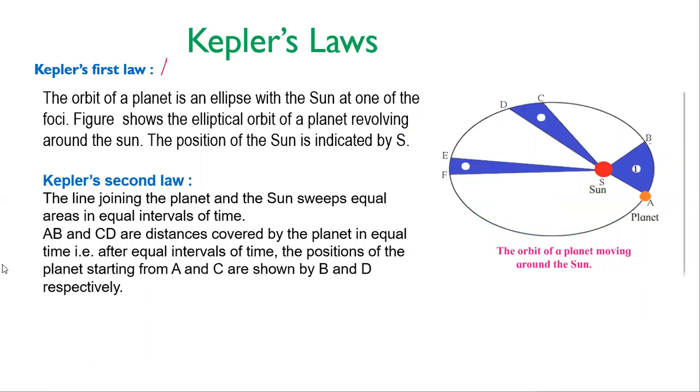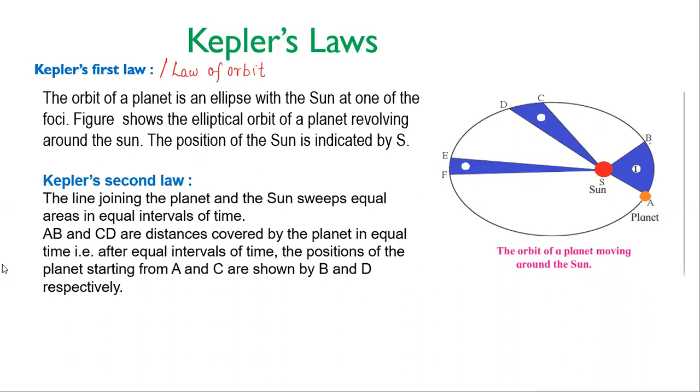Kepler's first law. It is also known as the law of orbit. If you know this name, you can easily remember the law. Law of orbit means the orbit of the planet is an ellipse. Orbit means the path of the planet. The planet is revolving around the sun and this path is an ellipse with the sun at one of the foci.